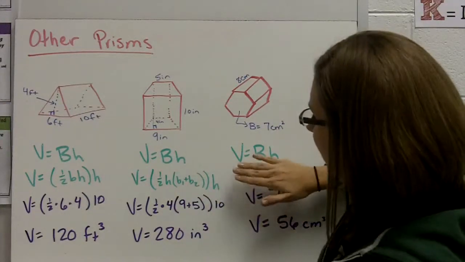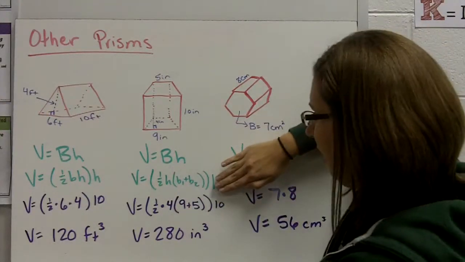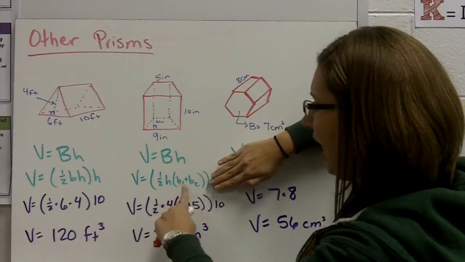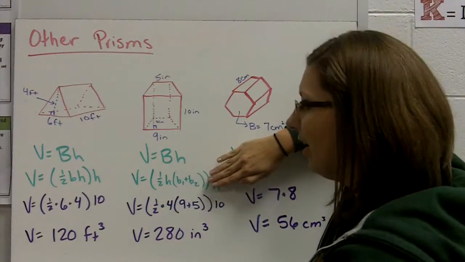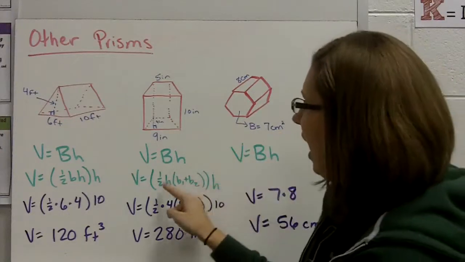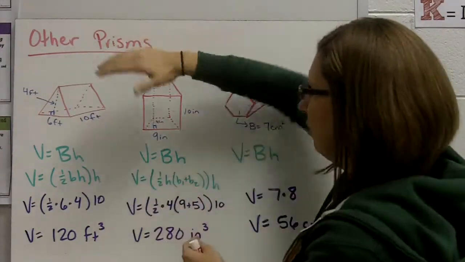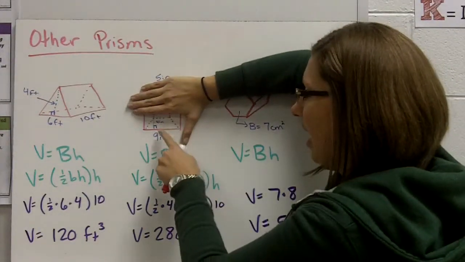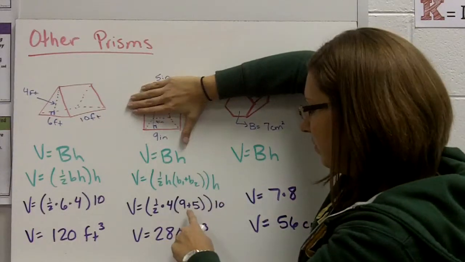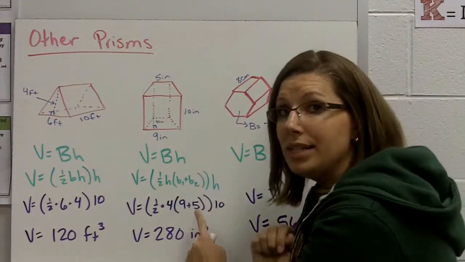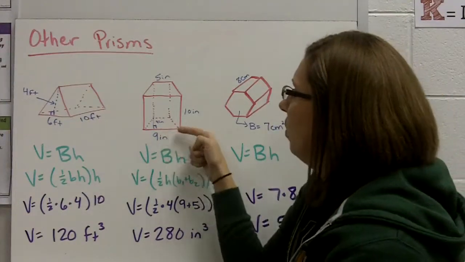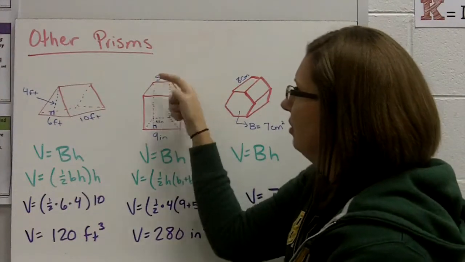So if I look at this part of my formula, this is actually how we calculate the area of a trapezoid. Half times height, and we're just looking at the trapezoid. Half times height times B1 plus B2. Base 1, base 2.